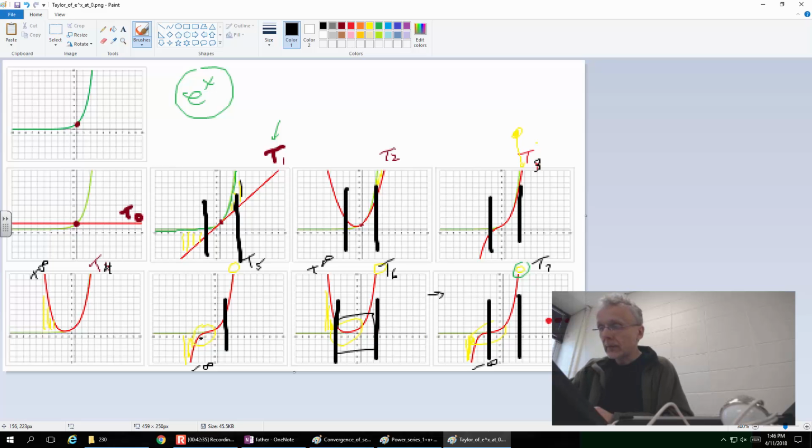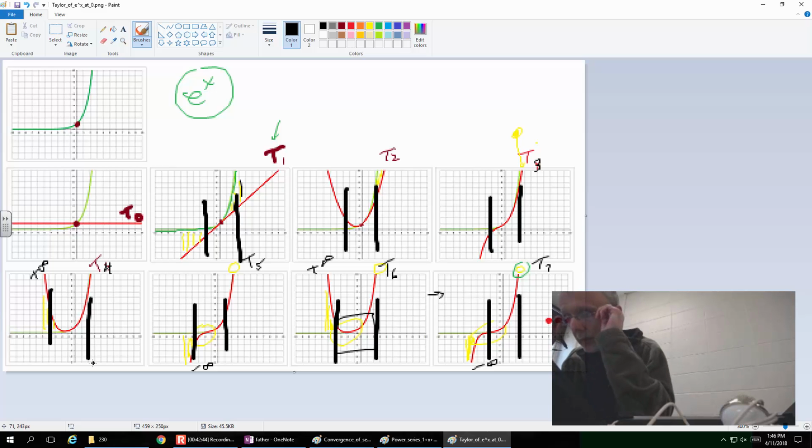In fact, look at the pictures in the bottom row. You almost cannot see the green line, the original exponential function, because it is so well approximated by the red Taylor polynomial.